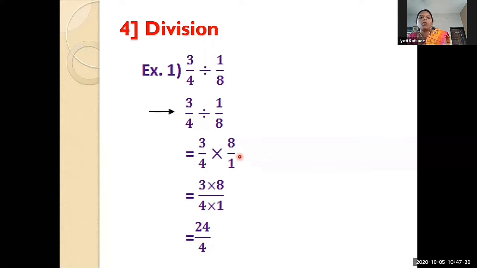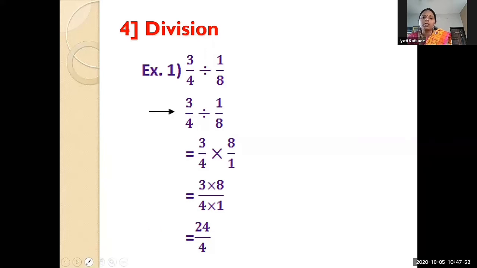Okay. Now next is the same as multiplication. Multiply the numerator values 3 into 8 divided by multiply the denominator values 4 into 1. Then 8 3s are 24 divided by 4 1s are 4.